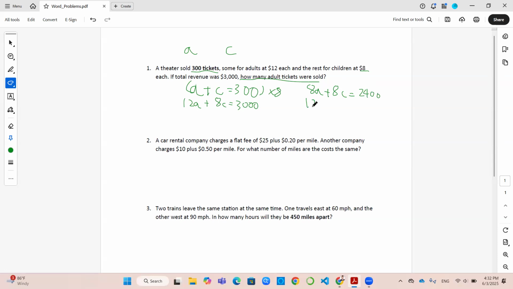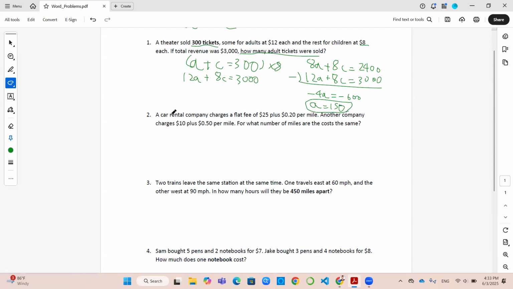We have 12A plus 8C, which is equal to 3,000. And immediately I can knock out the C's if I put a subtraction here. So we got minus 4A is equal to minus 600. And A is equal to 150. So 150 adult tickets were sold. So 150 is the correct answer.